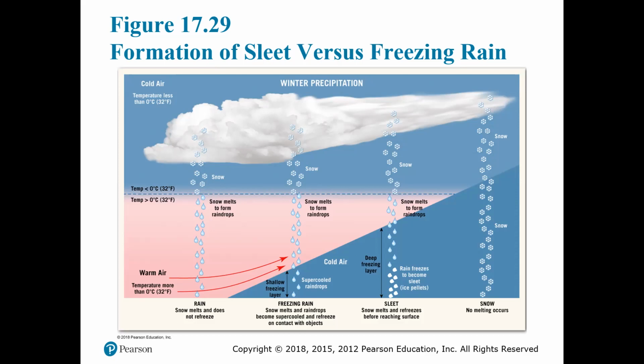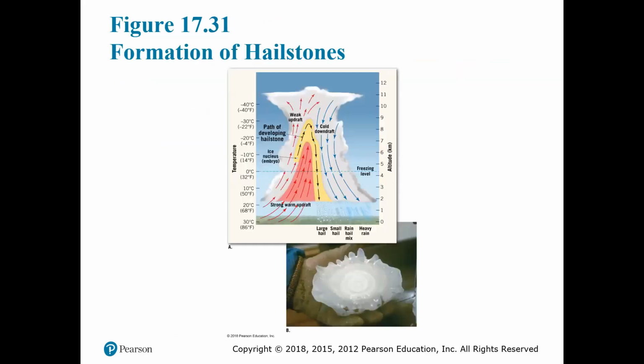Hail is produced in the cumulonimbus clouds, where you've got frozen ice particles and supercooled water. So here is an explanation of the formation of hailstones. This is on page 542 in your book. So in these cumulonimbus clouds, you've got updrafts of warm air, you've got downdrafts of cold air.